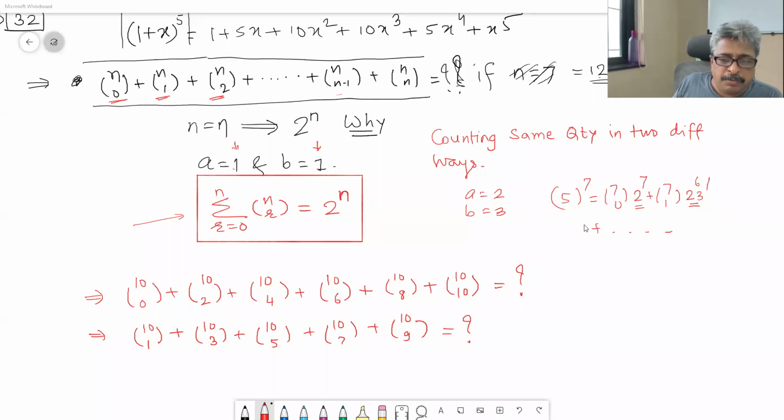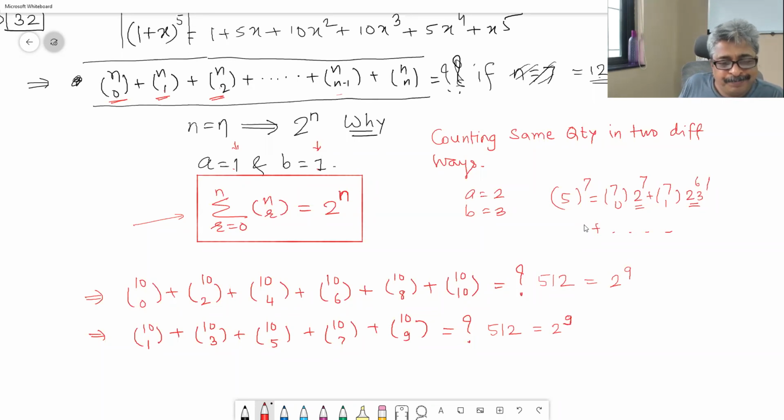Okay, the answer for first is 512. Answer for second is also 512. It is equal to 2 raised to 9. This is equal to 2 raised to 9.